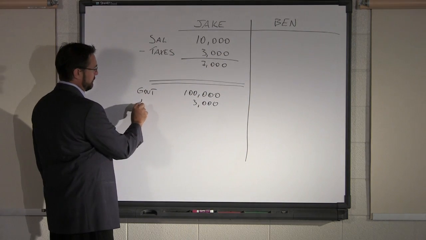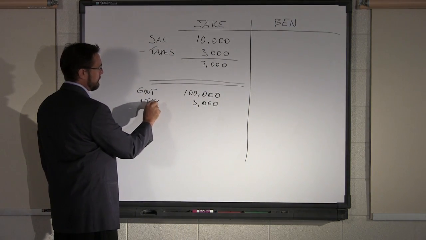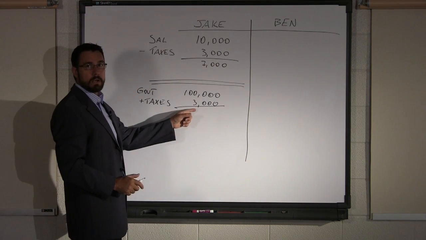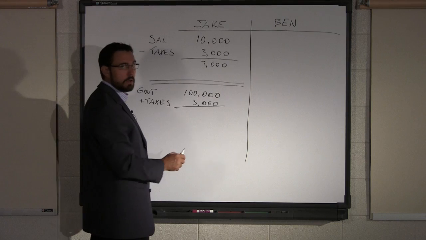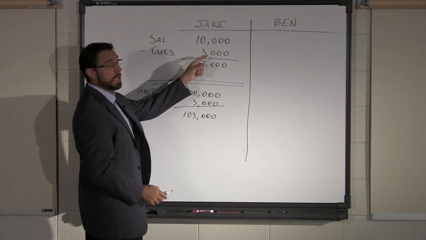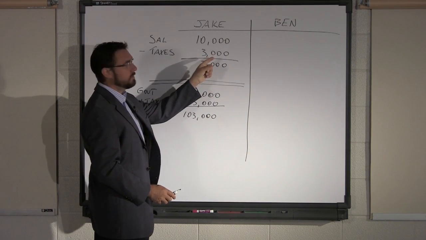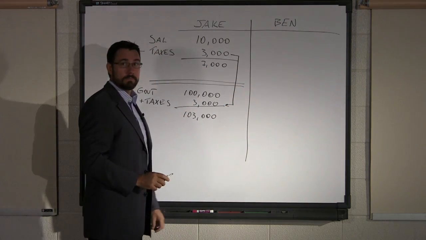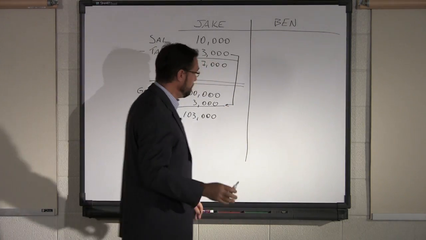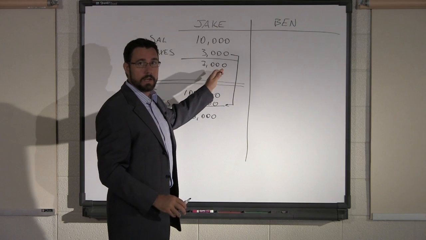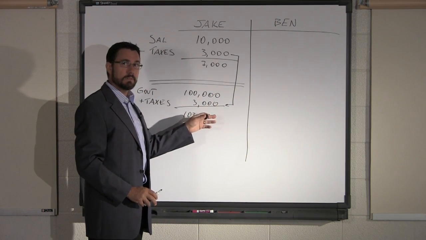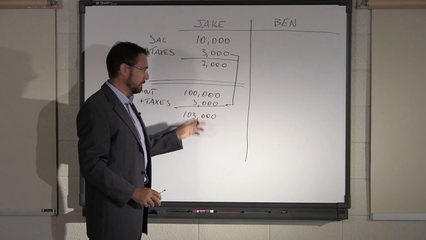It receives taxes, and now the total amount in its fund is $103,000. It got the extra $3,000 from Jake. Clear so far, right? Jake has paid a net amount of taxes. The government's fund increased because he paid his taxes, $3,000.